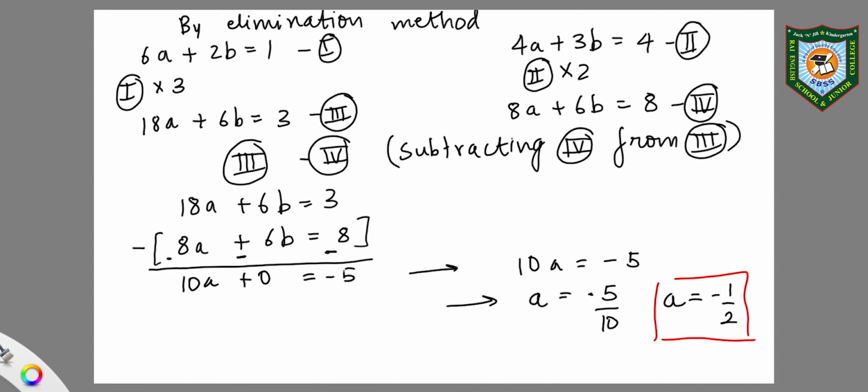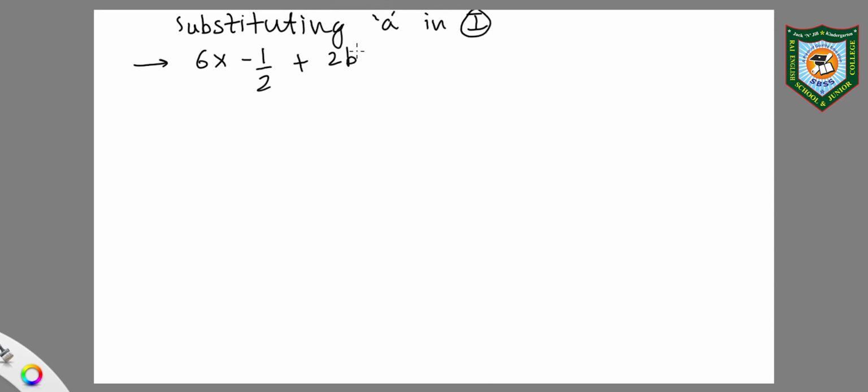Once I get a is equals to minus 1 by 2, I need to substitute this in my equation number 1, 2, 3 or 4. Any of the equations you substitute the value of a, you will get the value of b. So I'll be substituting a in equation number 1. This gives me 6 into minus 1 by 2 plus 2b is equals to 1.